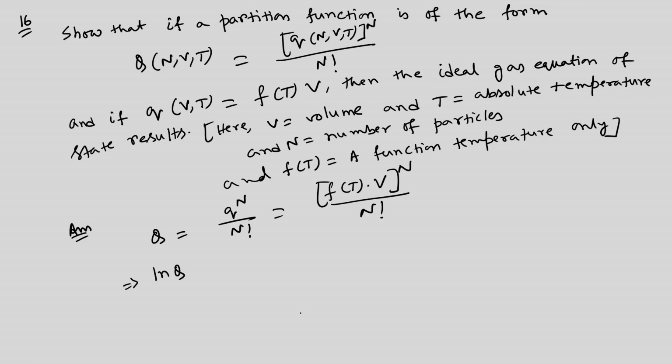Once we get ln Q, we differentiate it with respect to volume at constant number of particles and temperature, and we get the average pressure.